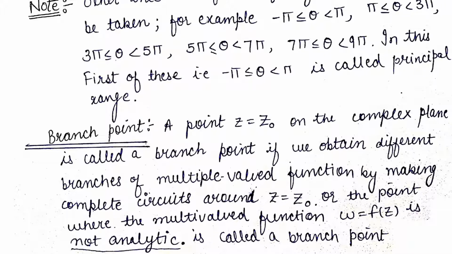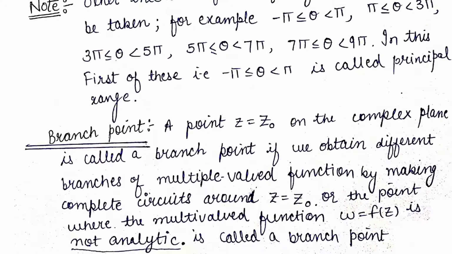And another way to find branch point is that if we know that a function is multi-valued, then you simply differentiate the function and find out the points where the function is not analytic. Then those points are called branch points.